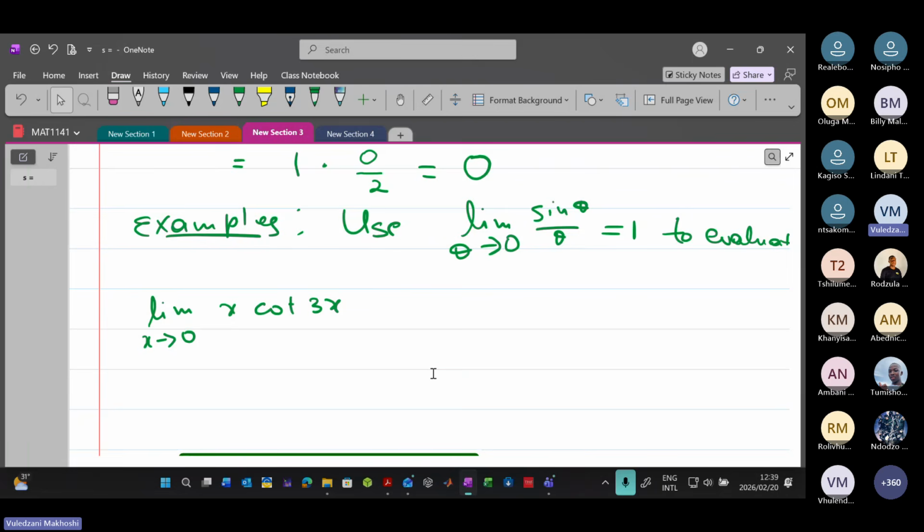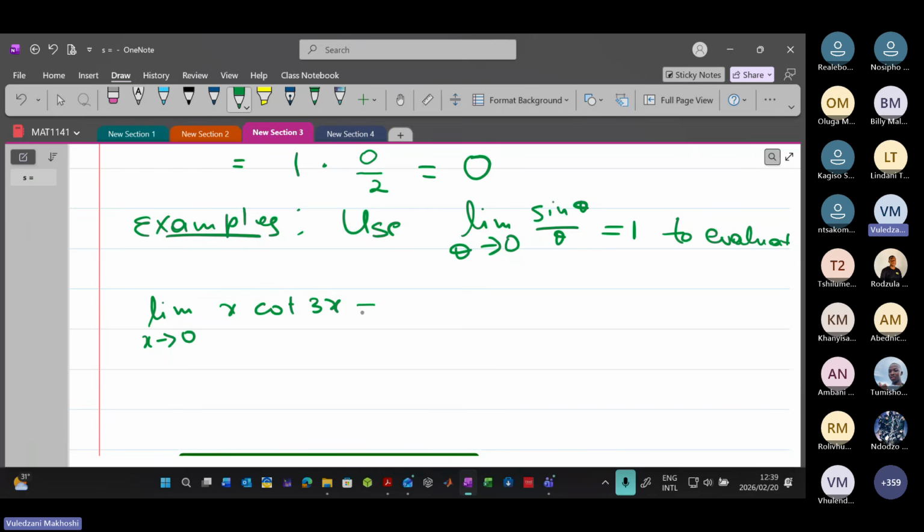And then we'll get something which is meaningless. Therefore, 0 is not in the domain of this function. And we have to rewrite this function in another way.